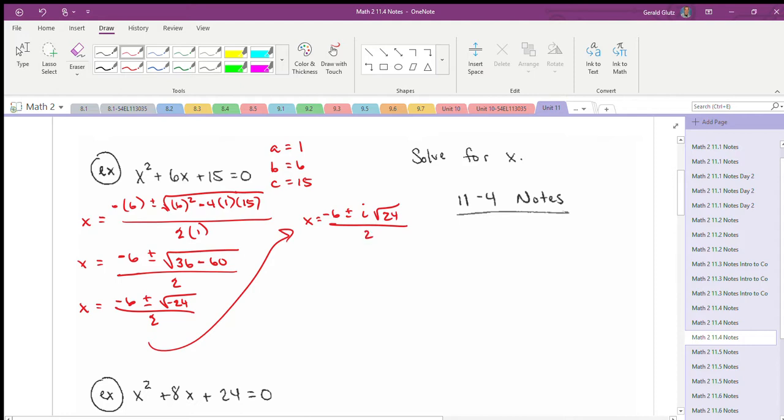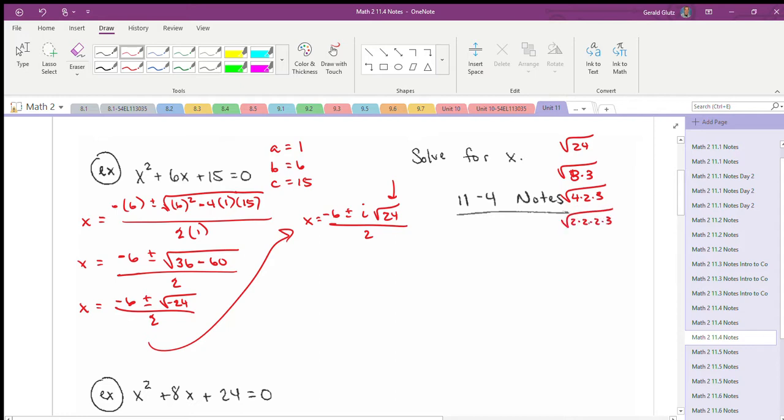So now the next step is I need to simplify, if I can, what's inside of the square root. So I know that I can simplify the square root of 24. I can break it down. So that's, let's do 8 times 3. 8 is 4 times 2. And then 4 is 2 times 2.